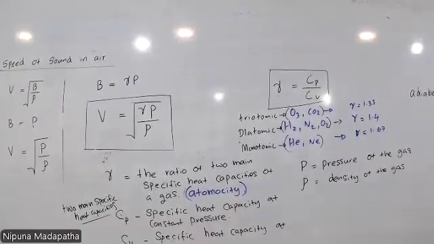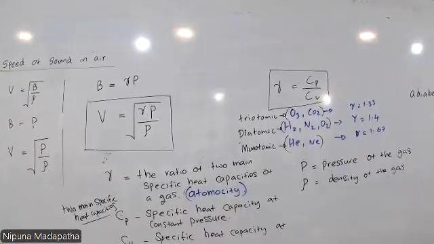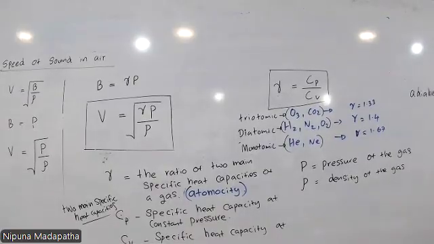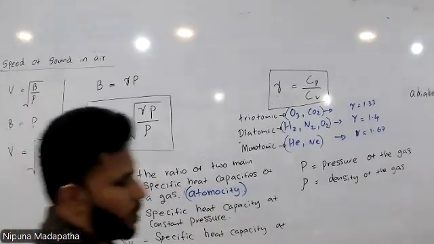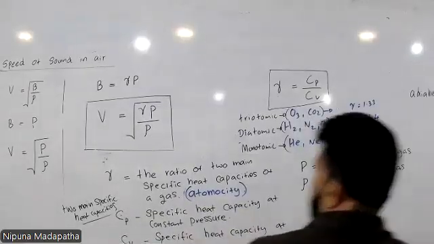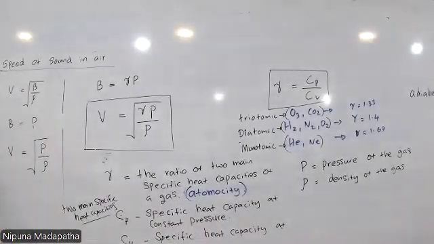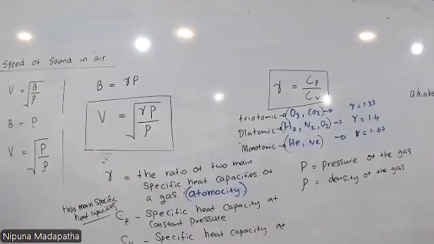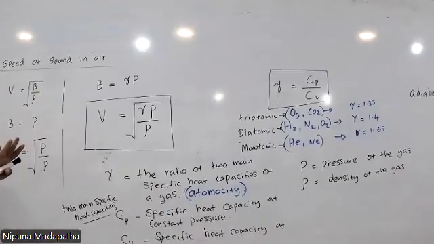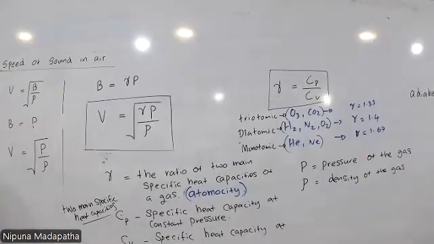The value of the standard pressure is 1.013 times 10 to the power 5 pascals. Standard temperature is 273 Kelvin.